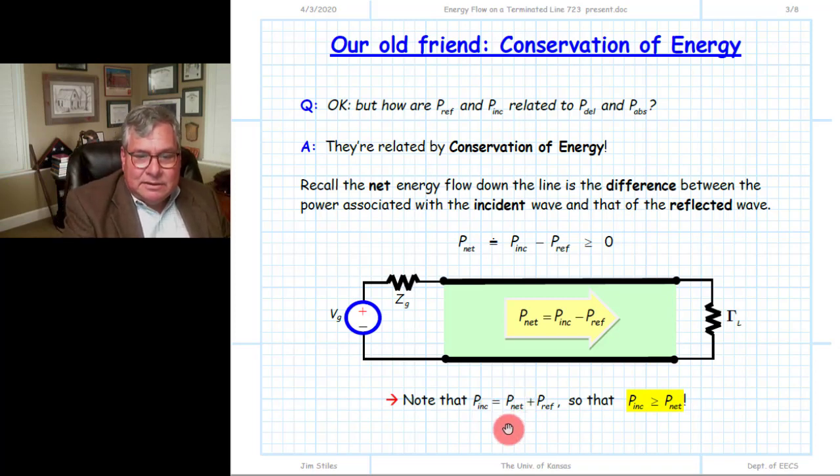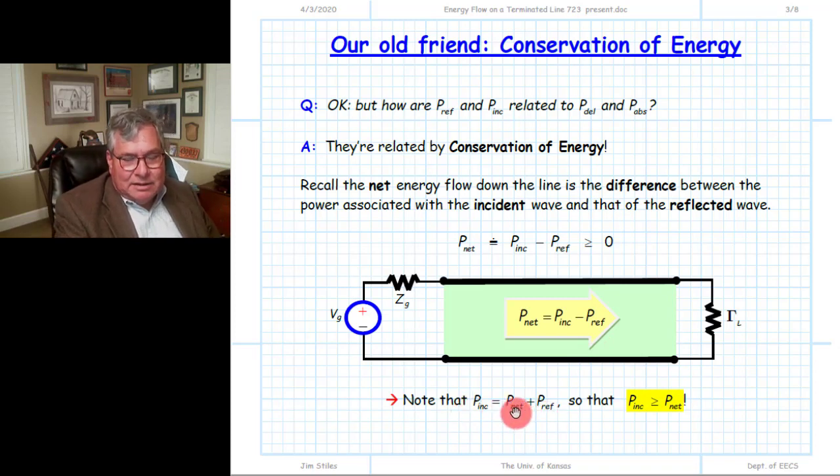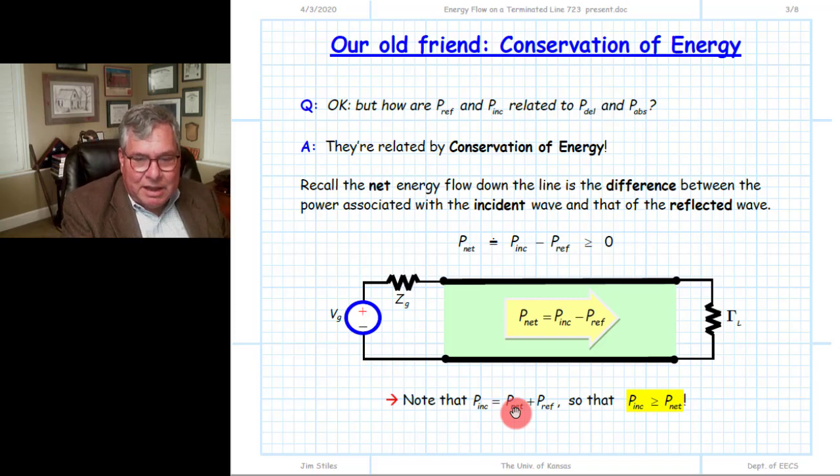All right, stop and think about that. That comes directly from this result here. And because each of these are positive, the reflected and the net must be at least non-negative, 0 or positive, we find that the incident power must be greater than the net power flow. Likewise, we know that the incident power is greater than the reflected power flow.